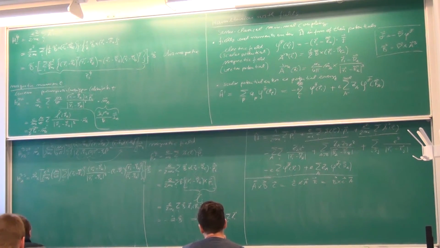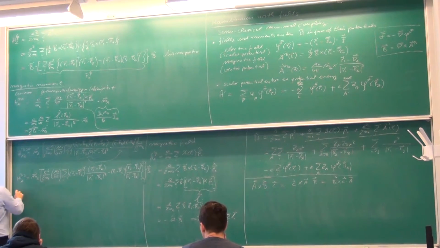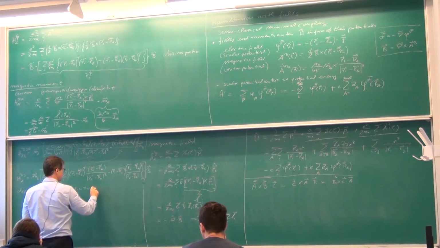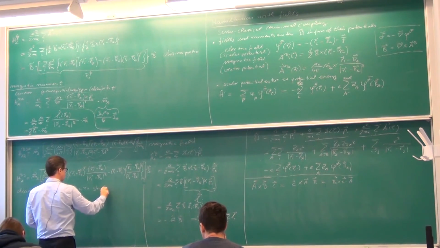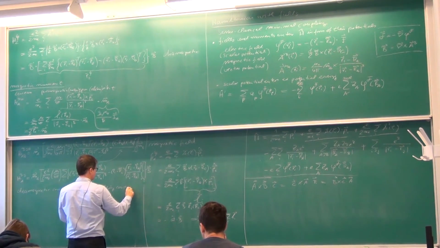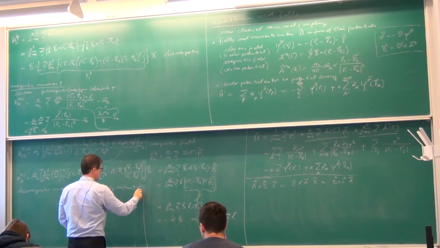So all the ones which are quadratic are called the diamagnetic contribution. That's the diamagnetic contribution to the shielding constant, sigma A.